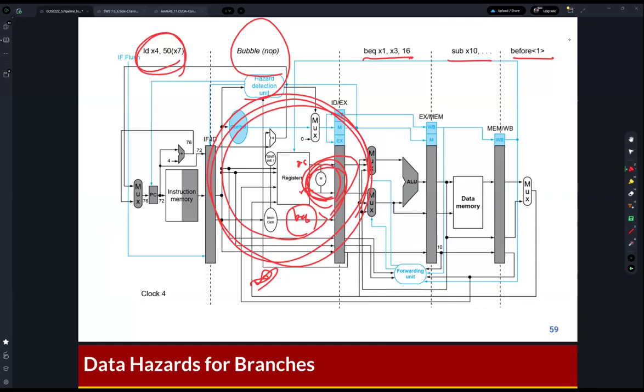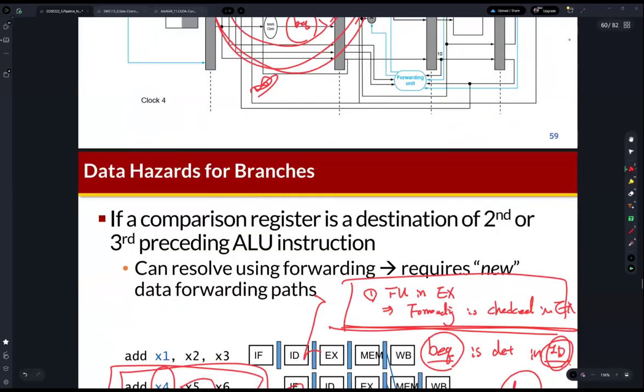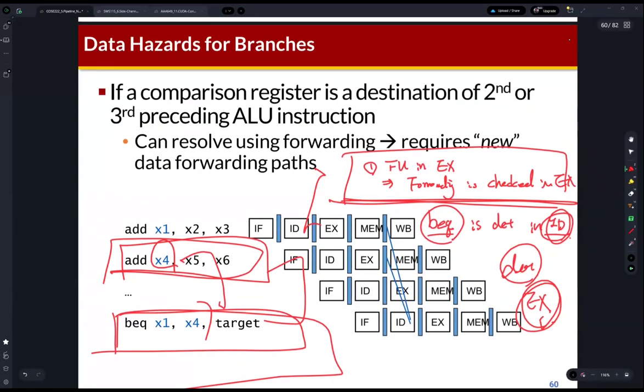Which means we cannot use data forwarding paths in this case. So if data dependencies are observed in the branch instructions, then the branch instruction needs to be stalled. So that was the problem.